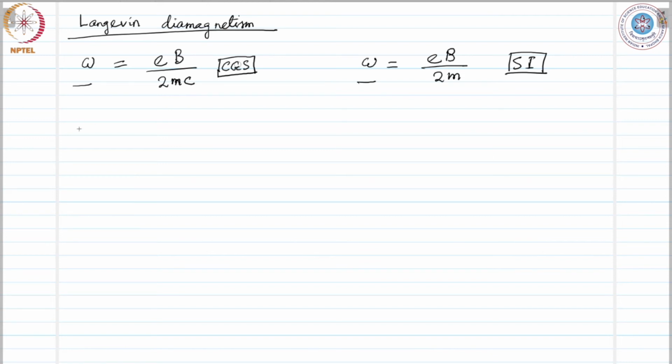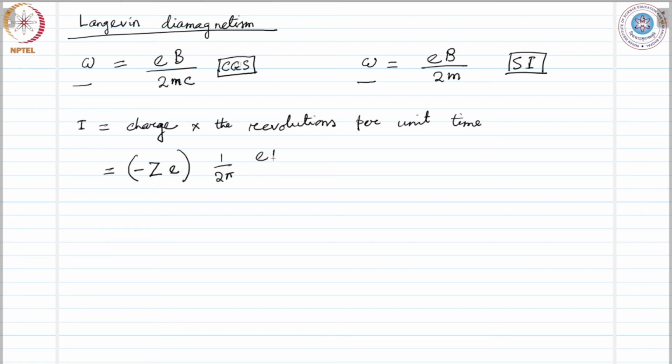So the current I equals charge times the revolutions per unit time, which is, the charge is given as minus Ze, Z is the atomic number, times 1 over 2 pi times eB over 2m in SI units.